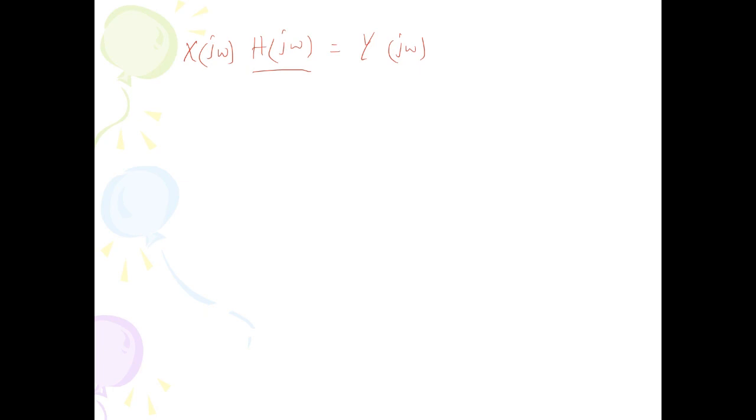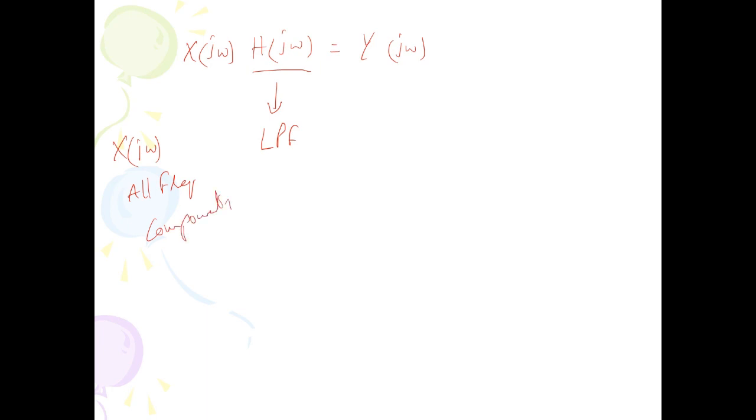Suppose H of j omega exhibits a low pass characteristic. X of j omega will have all frequency components.